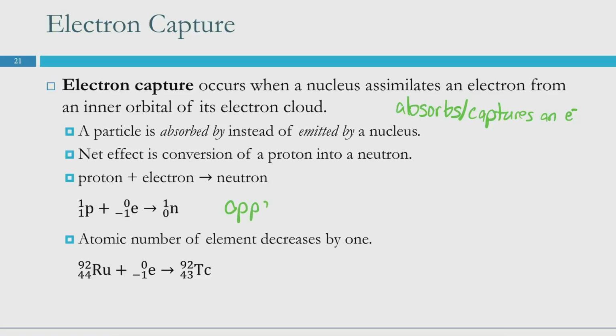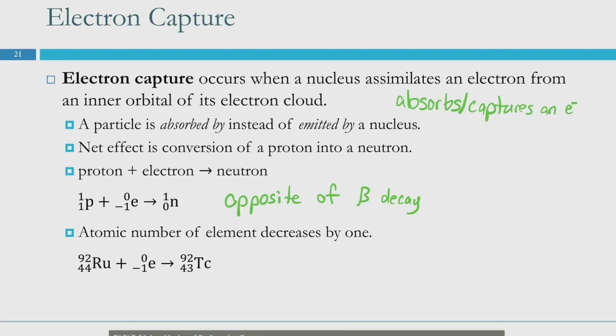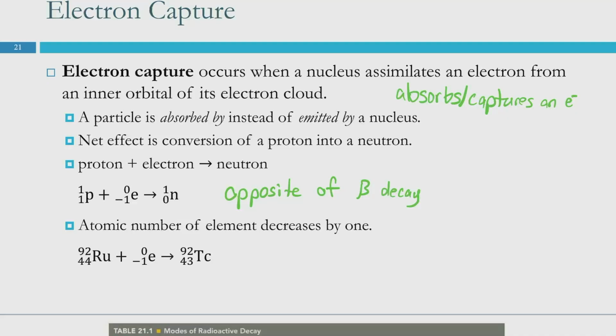And this is the true opposite of beta decay. Since beta decay was getting rid of an electron, and this is gaining an electron. So the net effect is the atomic number decreases by 1.